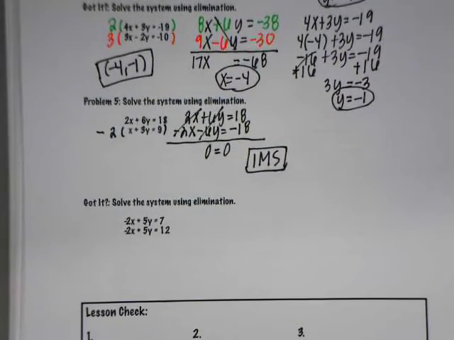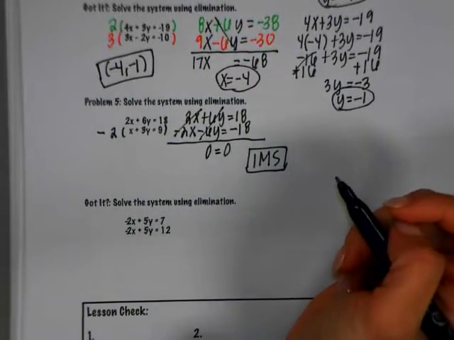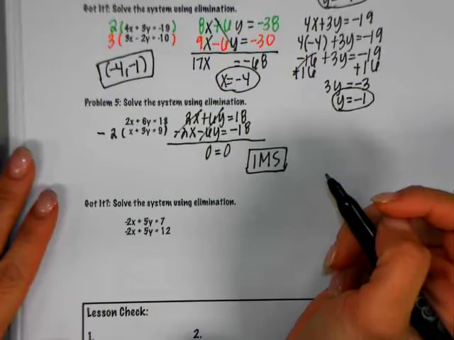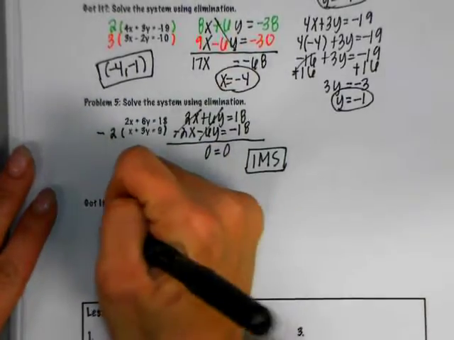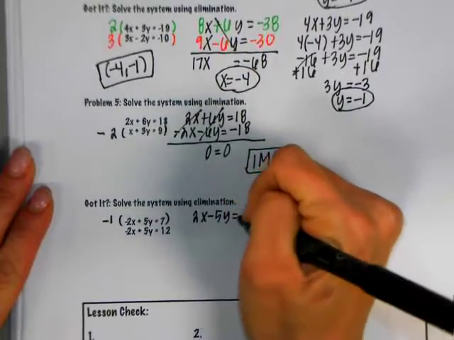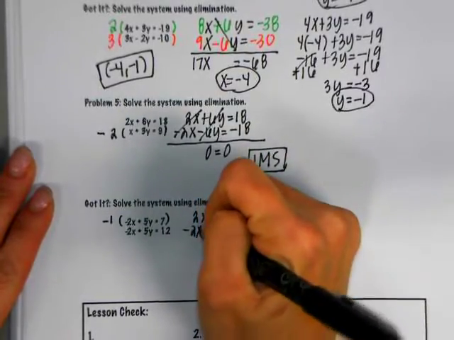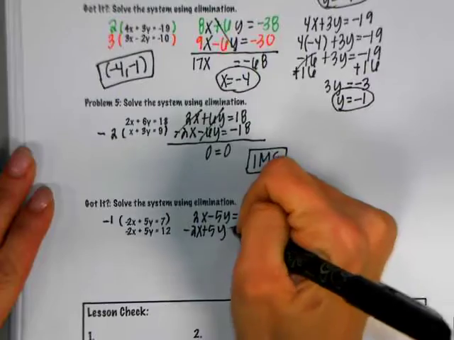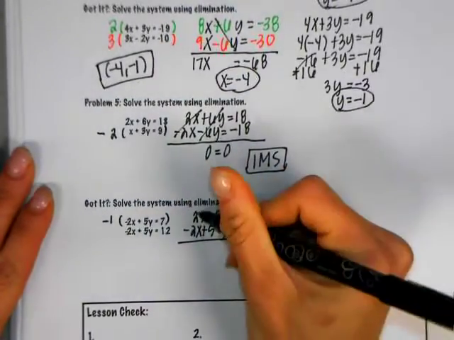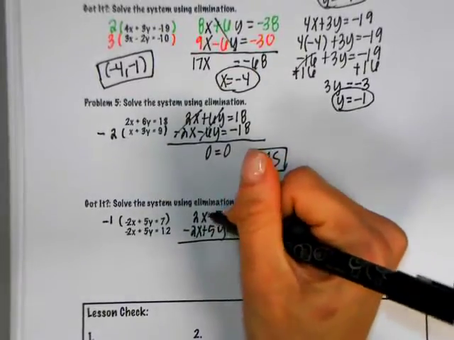And what's our plan for the last one? Multiply by -1. Do we care? Top or bottom? Top, sure. So we're going to get positive 2x minus 5y equals -7. Okay, what's 2x minus 2x? 0.